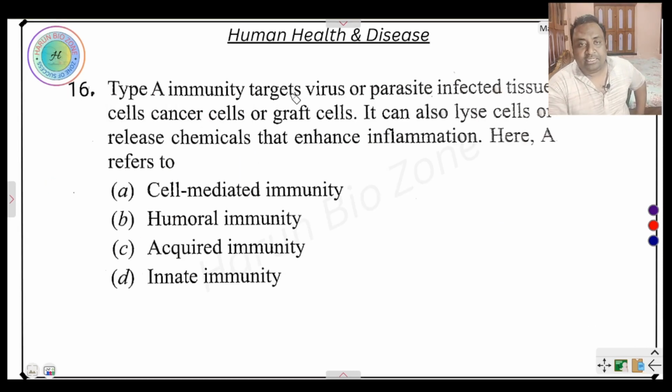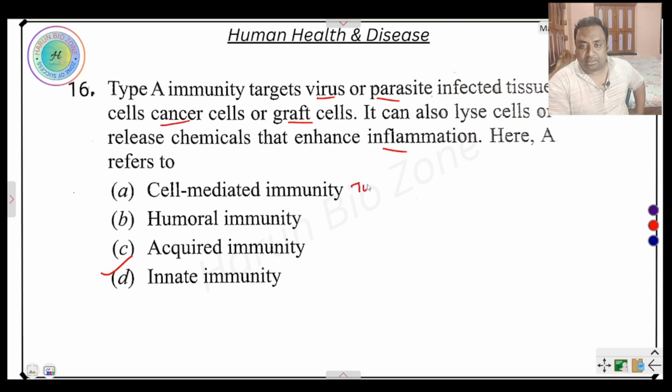Type A immunity targets virus or parasite: virus, parasite, infected tissues, cells, cancer cells, graft cells. It also lyses cells or releases chemicals that enhance inflammation. Here A is for innate immunity. Cell mediated immunity works mainly against tumor and virus.